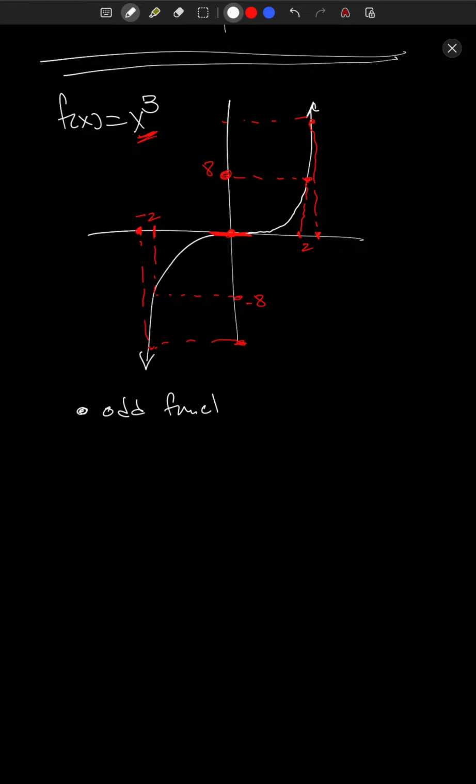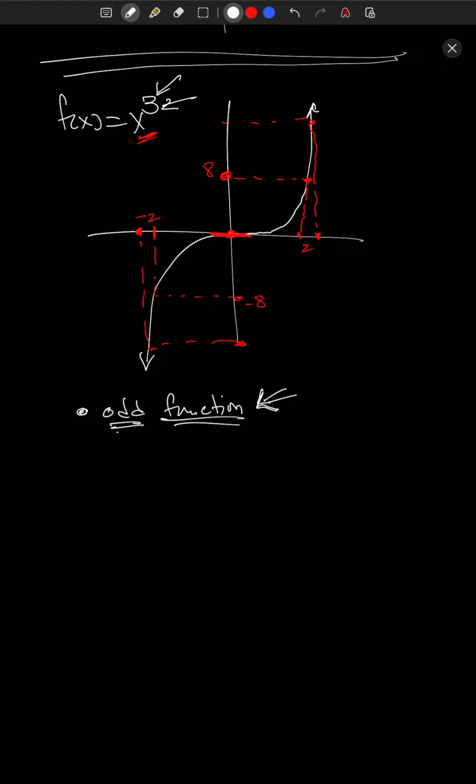We'll go into this a lot more carefully in the near future, because the sine function, which we'll talk about again in the near future, is also an example of an odd function. And this function grows really fast because you're cubing your input, except for when you're less than 1, in which case it gets smaller.